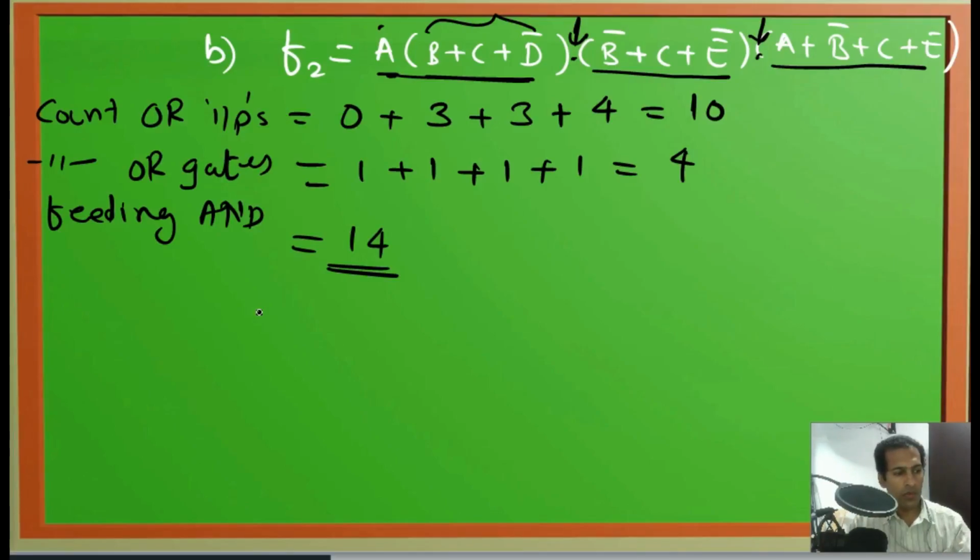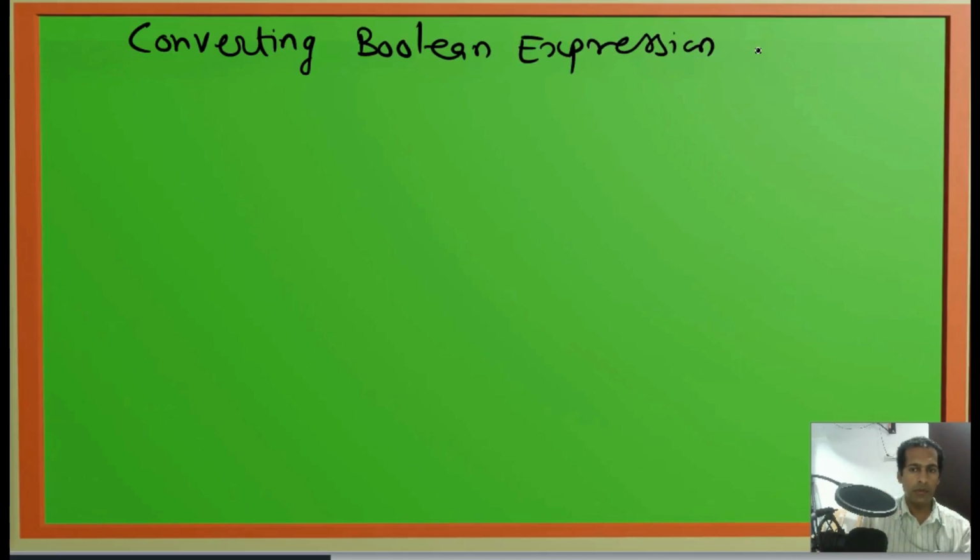Now let us see how to convert a Boolean expression to a logic diagram. We can realize a Boolean expression as hardware components using gates.